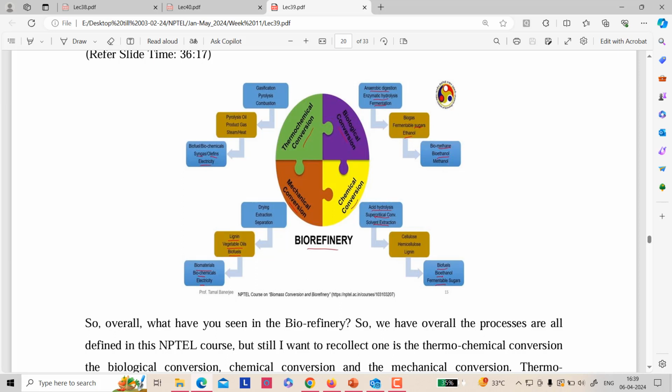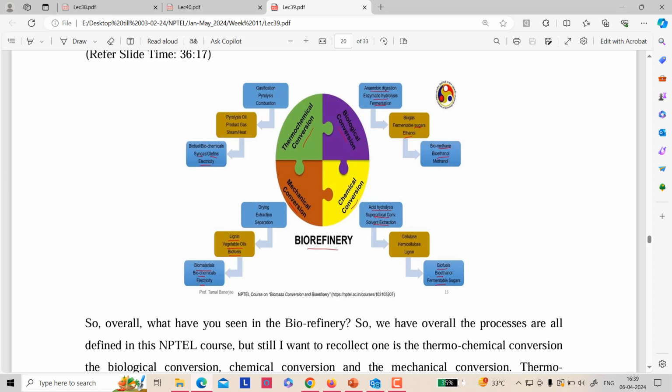Gasification or pyrolysis or combustion of the raw material happens. It will produce pyrolysis oil, product gas, steam or heat, and it will finally lead to the production of biofuel, biochemicals, syngas or olefins or electricity. From there it can be used in electricity.